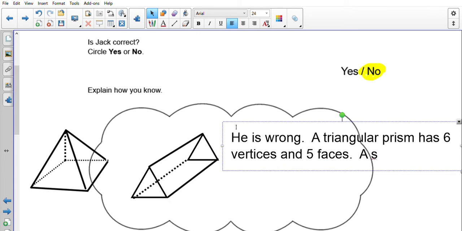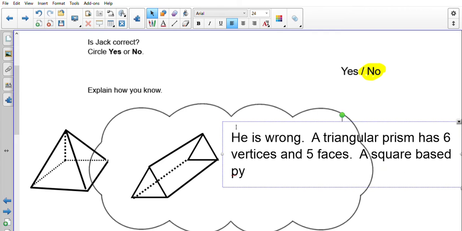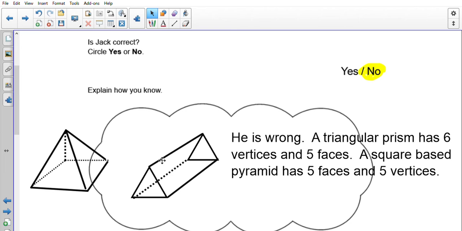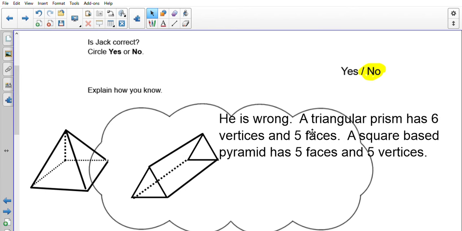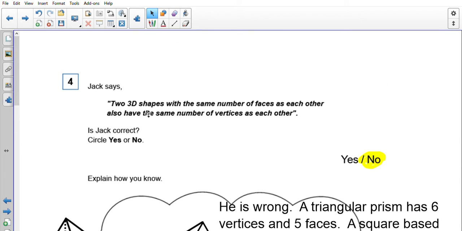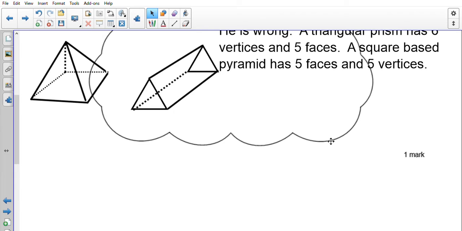A square-based pyramid has 5 faces and 5 vertices. There you go. See, that's all you need to write, is you just need to write down the facts, and then you're done. You're wrong. Triangular prism has 6 vertices, 5 faces. Square-based pyramid has 5 faces, 5 vertices. This is completely counter to what he says. So you're wrong, Jack. Apologies.